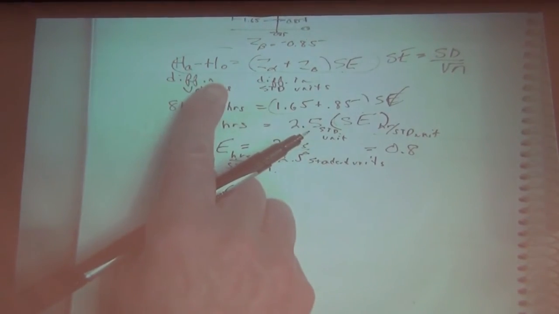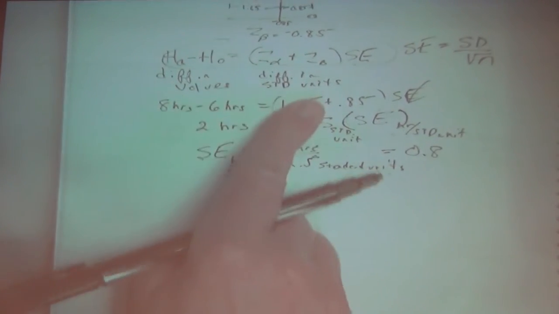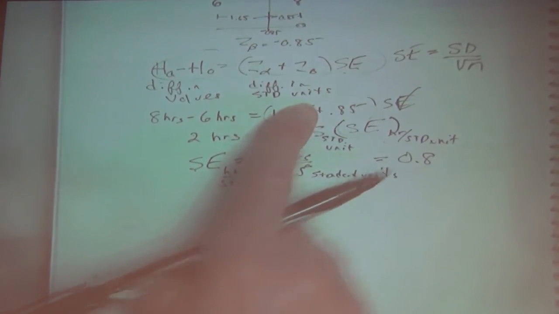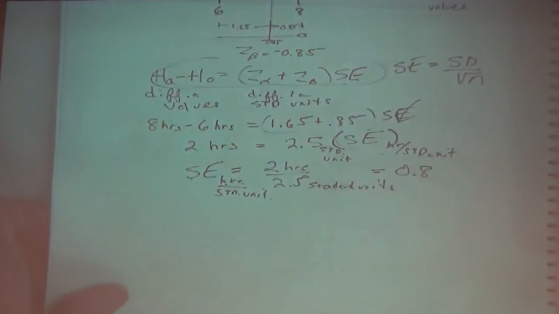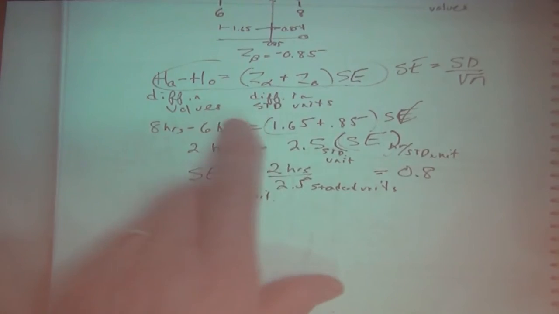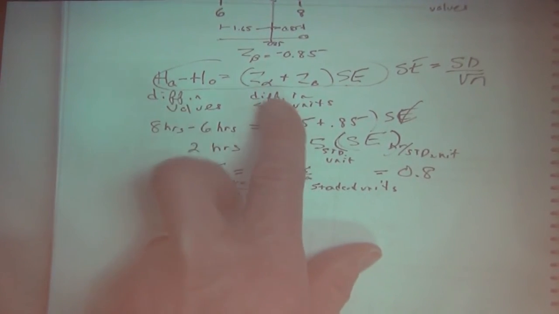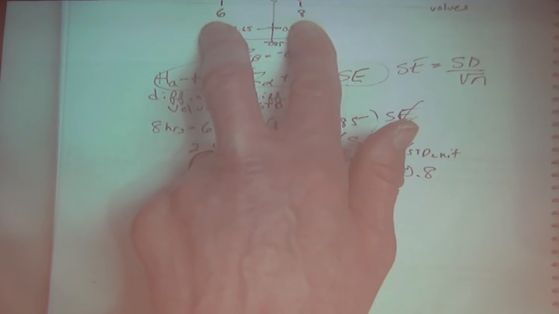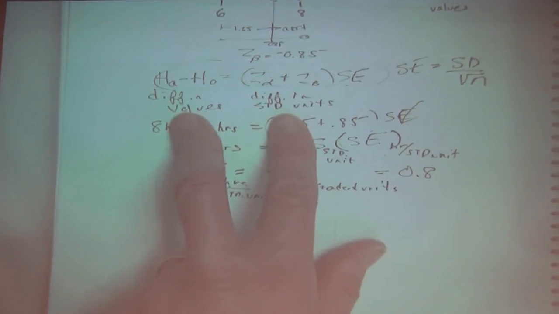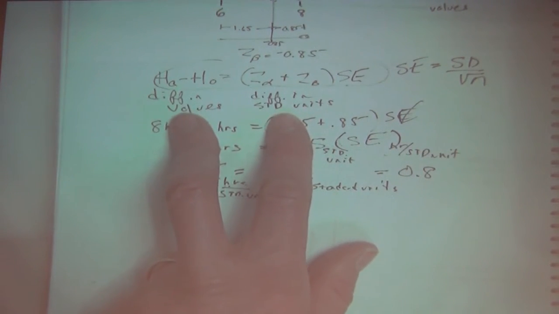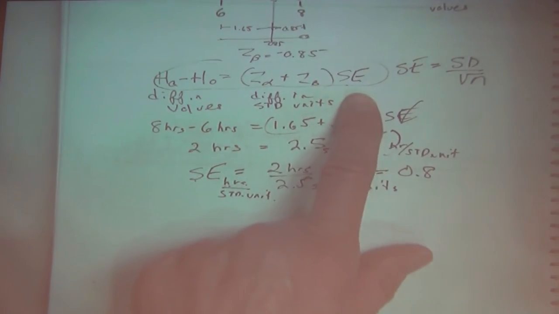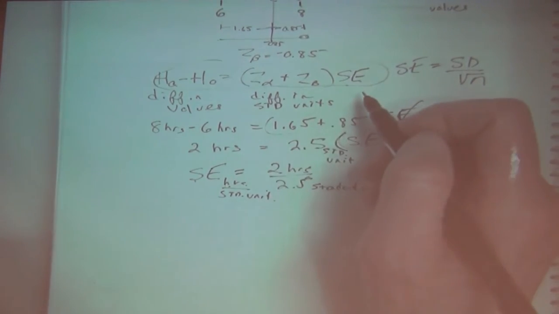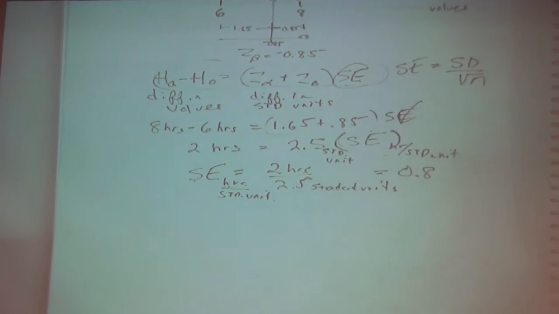You know the distance in values, you know the distance in standard errors, and you have to convert them. All you want to do is figure out what your standard error has to be.